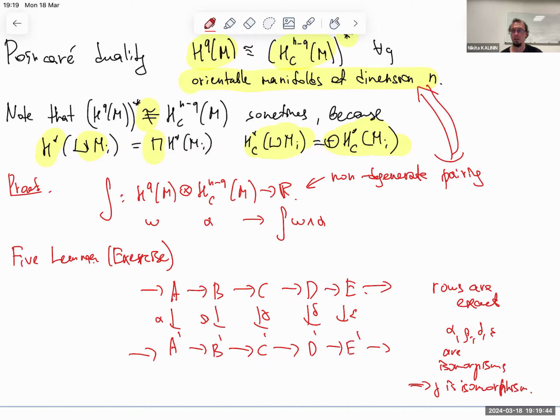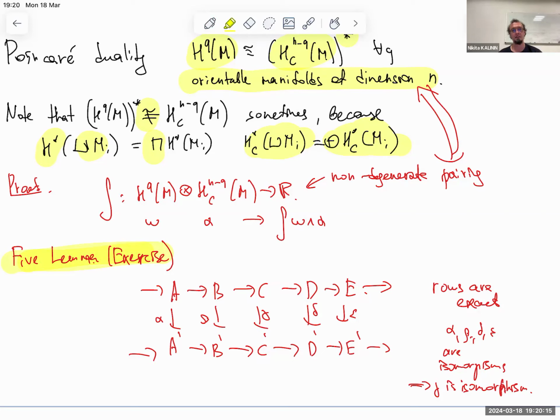Have you seen this lemma in algebra or somewhere? Yes. Is it a standard part of the algebra curriculum? Yes, we proved it in the third course in homology. Okay, so maybe you know it from some place, or if you don't know it, then prove it. So that's the approach.